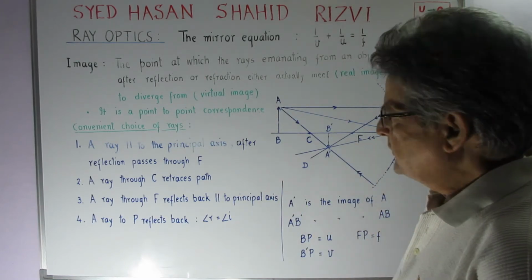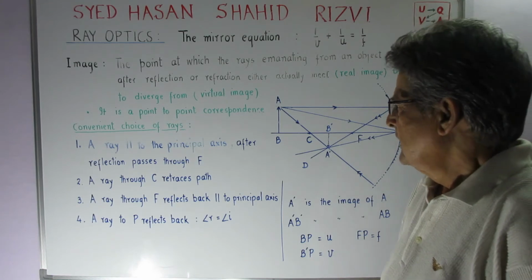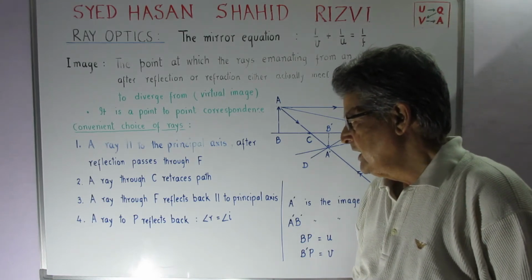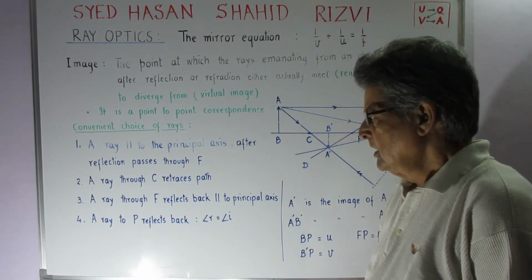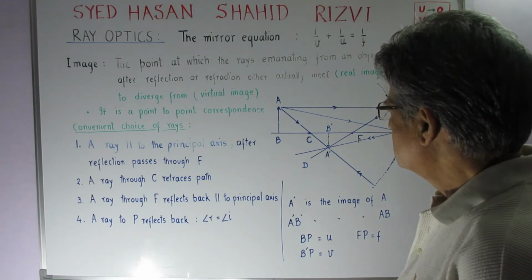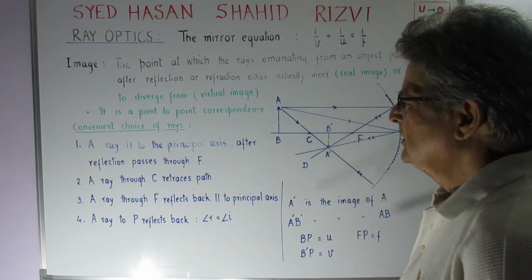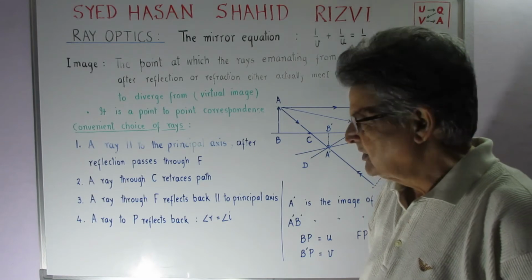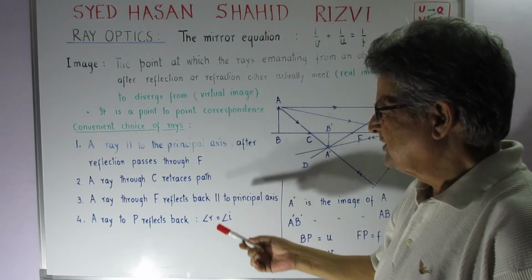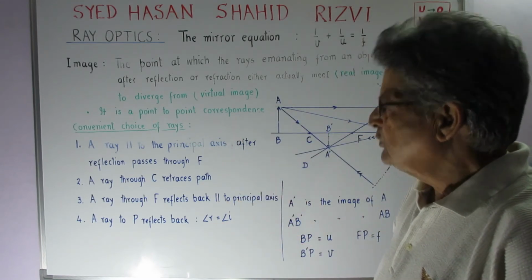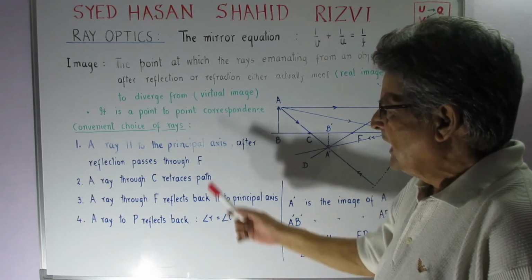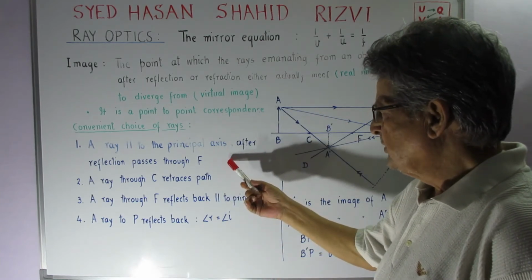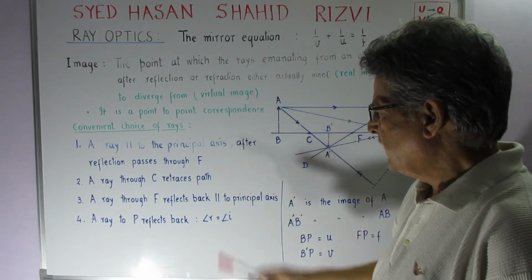So in ray optics, the image can be formed, of course, by several rays, but there are some rays which are friendly to us, and we use the following principles in the convenient choice of rays.